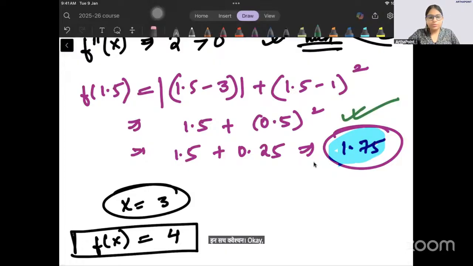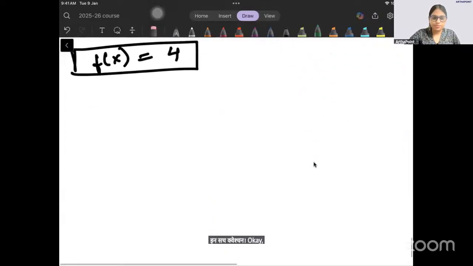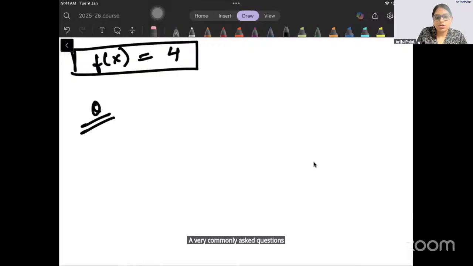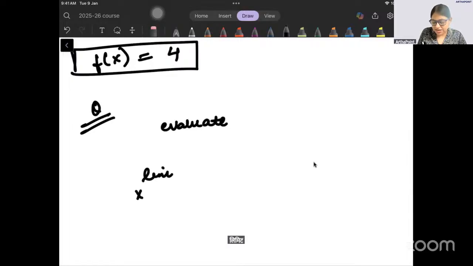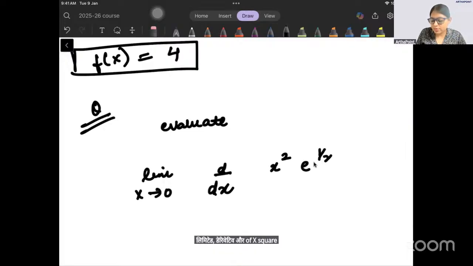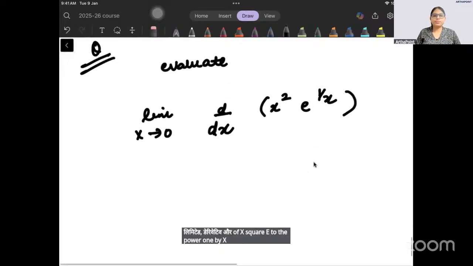Okay, write down the next one. A very commonly asked question. Evaluate the limit as x tends to 0 of the derivative of x square e to the power 1 by x. Do it.